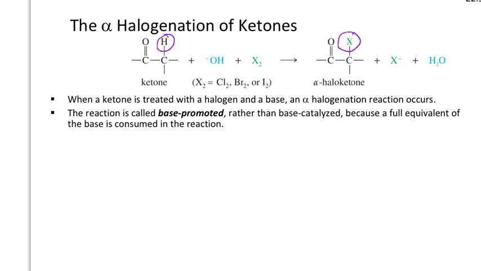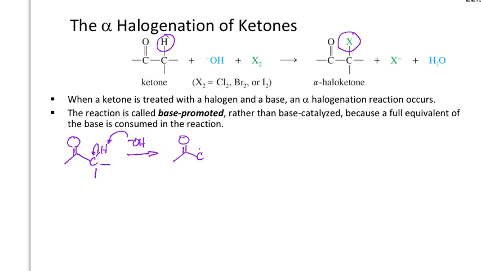We'll get to the acid version shortly. But first of all, how does that work? Well, our alpha position hydrogen is going to be abstracted by hydroxide, the base. And so that leaves us with our enolate.